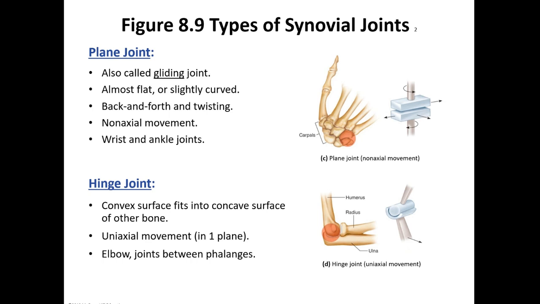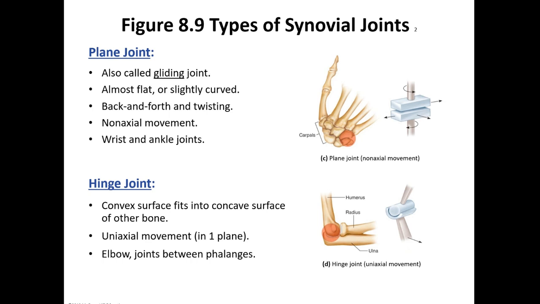And then we have a fourth type of synovial joint called hinge joint. The hinge joint can be found in our elbow, allowing us to flex our elbow or bend the elbow and extend the elbow because of hinge joint. The hinge joint allows for one directional movement, back, forth, back, forth. The same with the bones of a finger. Okay, bones of the fingers, they have hinge joint, so I can do this.